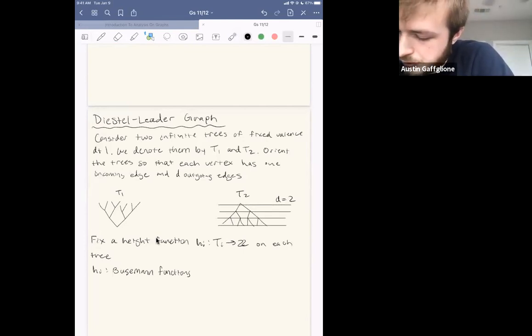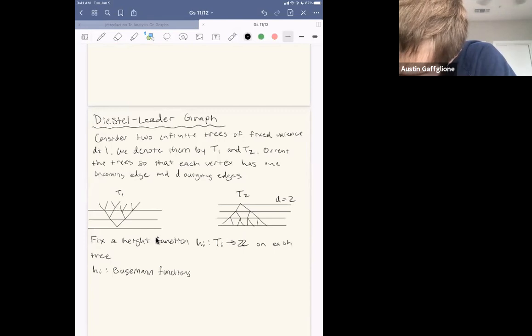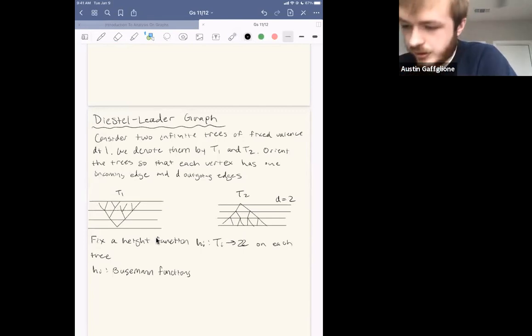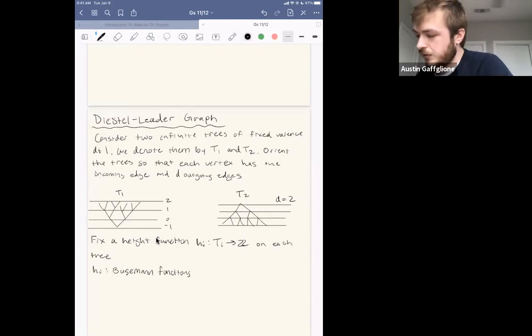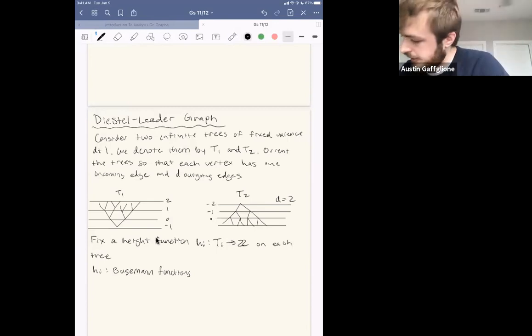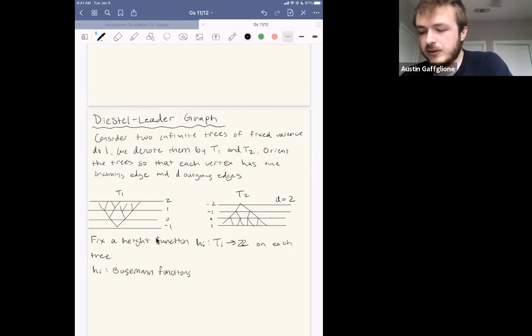And then I do the same thing for T1. So for T1, if I label the heights as 2, 1, 0, -1, I label the heights in T2 in the opposite way. So this would be 0, this would be -1, this would be -2, and this would be 1. And if I change the height function for each tree, the resulting tree is still isomorphic. So there's this invariance of height functions we have.